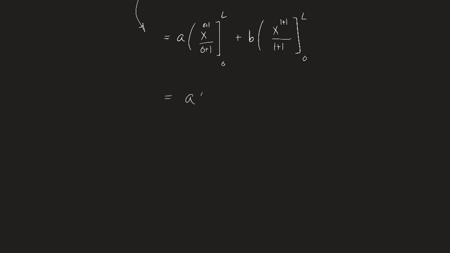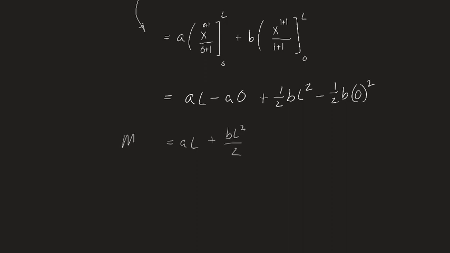This is going to be aL minus a times 0, putting in my limits, plus 1 half bL squared minus 1 half b times 0 squared. So this whole thing just becomes aL plus bL squared over 2.